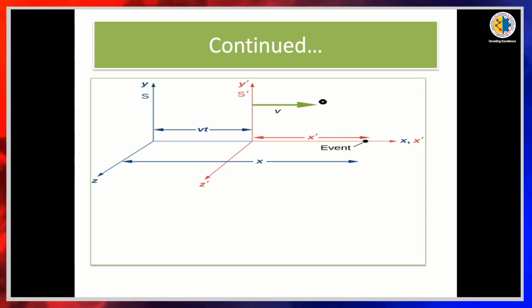One particle is considered, a black circle assumed as a particle, and this particle's position is x, y, z with respect to S frame and its observed time is t from S frame, and x dash, y dash, z dash with respect to the S dash frame, and the observed time with respect to S dash frame is t dash.